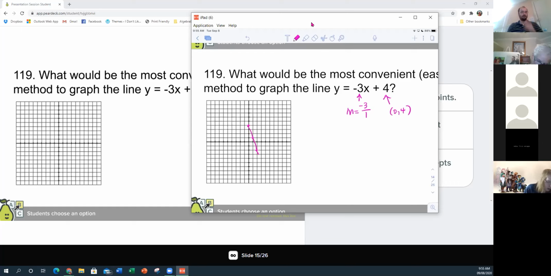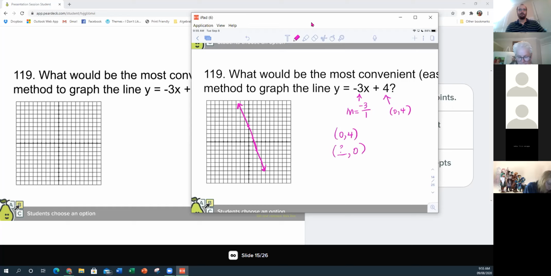There's one method of graphing. Then some of y'all said plot the x and the y-intercepts. If you did that, we know the y-intercept is 0, 4, and the x-intercept is going to be something, 0.